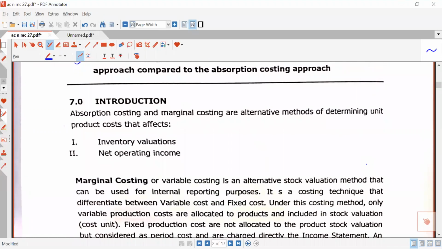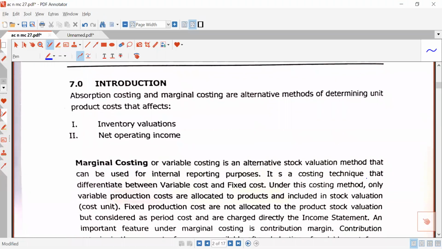Okay, let's go to the topic. In the introduction, 7.0, when we use AC and MC, both of these two methods require us to determine the product cost.